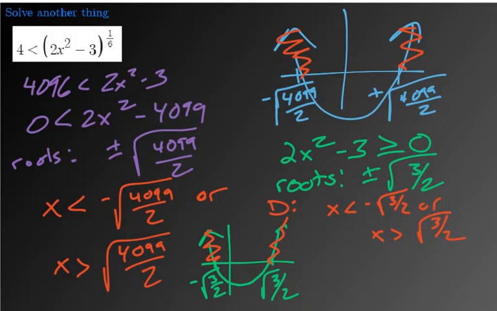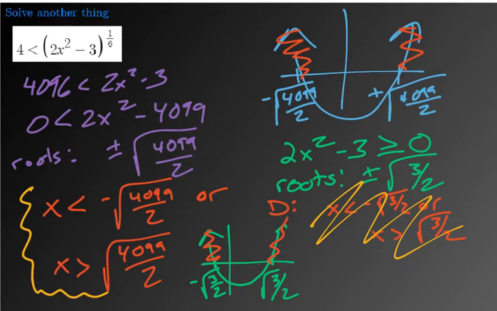So the domain is sort of contained, even though it's an OR, it's sort of inside of this one. So anything that's less than that will already be less than that, and anything bigger than that will already be bigger than that. So you don't even really need to worry about the domain. Here, it does not affect it, but there are tons and tons of problems we've seen where it definitely does.